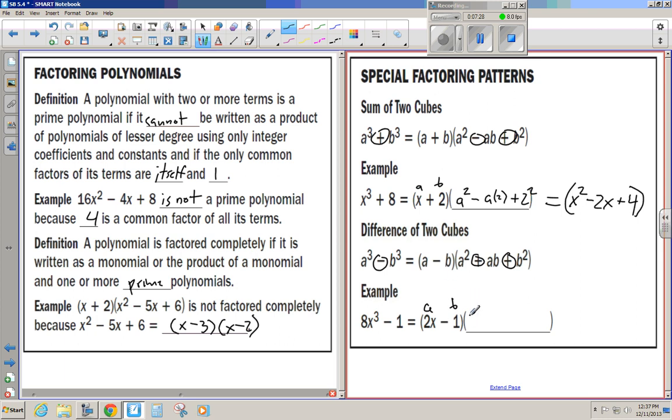A squared is 2x squared, plus a, which is 2x, times b, which is 1, plus 1 squared. And so what we end up with is 4x squared plus 2x plus 1. All right, these are some special patterns to try to recognize.